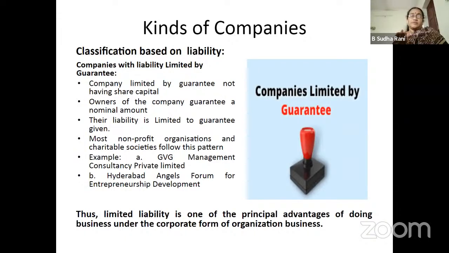Whatever value I guaranteed at the time of becoming a member, in case of liquidation of the company, my liability goes to 50,000. Most non-profit organizations like charitable societies have this kind of liability limited by guarantee.